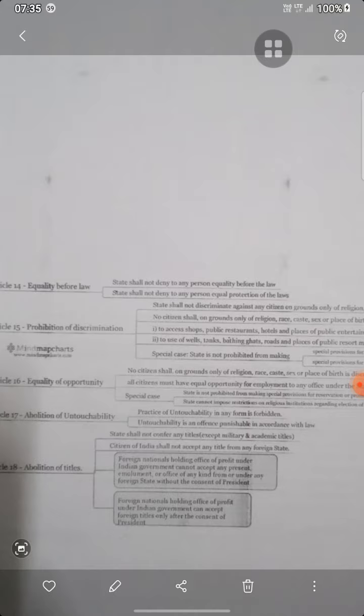Article 14 is equality before law. The state shall not deny any person equality before law, or equal protection of law. Article 15 is prohibition of discrimination. The state shall not discriminate against a citizen on grounds of religion, race, caste, sex and birth. No citizen shall, on those grounds, be restricted from accessing shops, public restaurants, hotels, places of public entertainment, and from using wells, tanks and bathing ghats and resorts maintained from state funds.